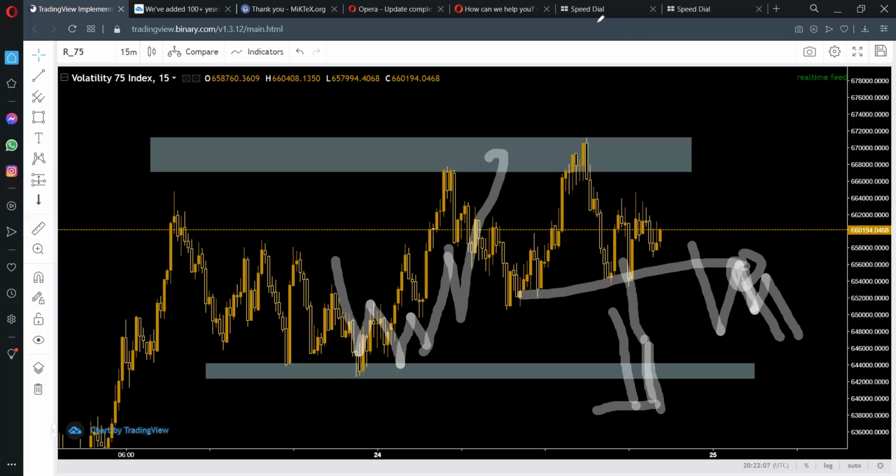Are you expecting a pullback from the breakout of the double bottom? Okay. So on the 4 hour time frame, we have a double bottom. We are expecting the price to pull back to our key level so that we can place our buy trade.